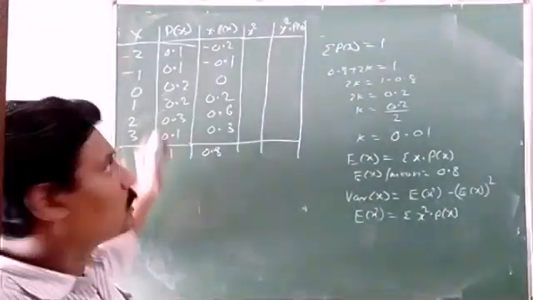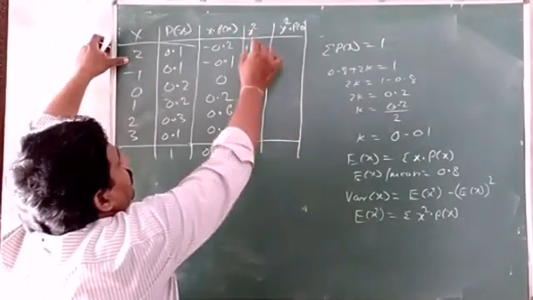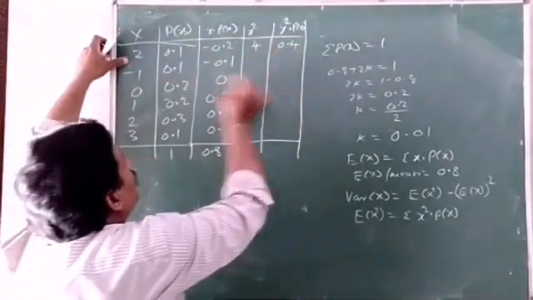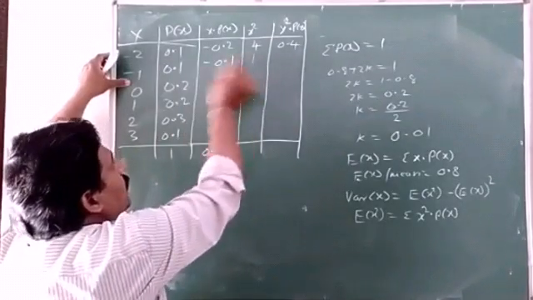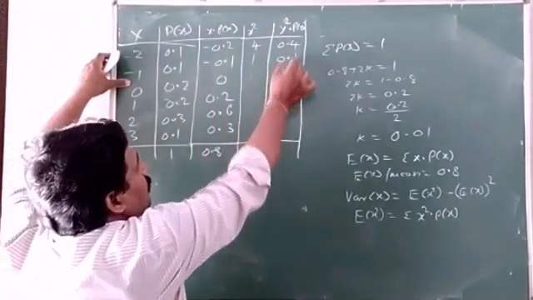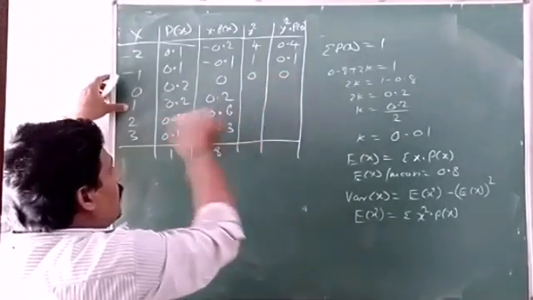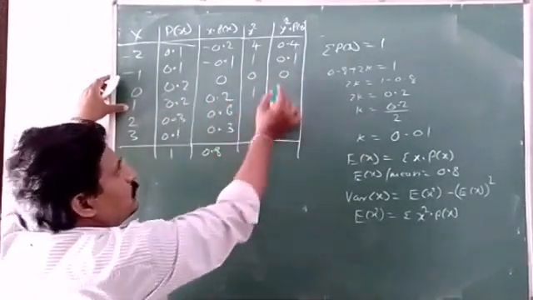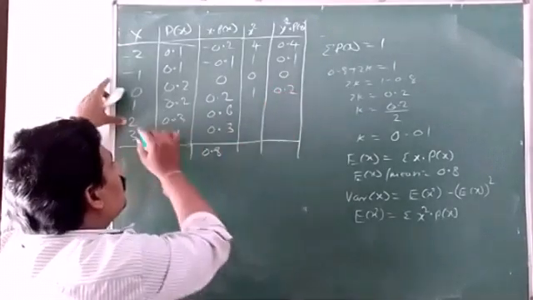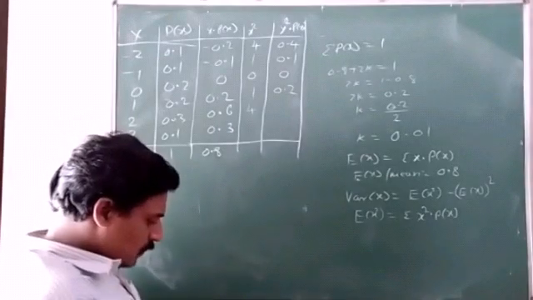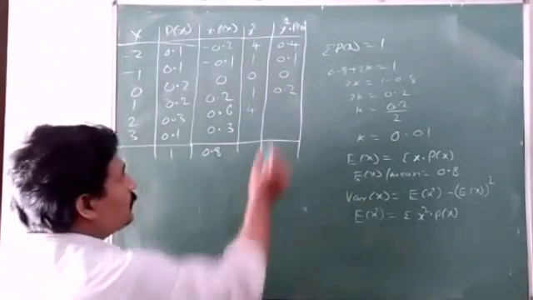So x square: -2 square is 4. 4 into 0.1, 0.4. -1 square is 1, 1 into 0.1, 0.1. 0 square 0, and here 0. 1 square is 1, 1 into 0.2, 0.2. 2 square 4, 4 into 0.3, so we get 1.2.